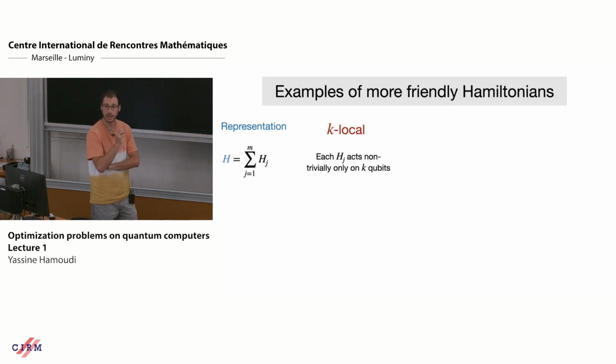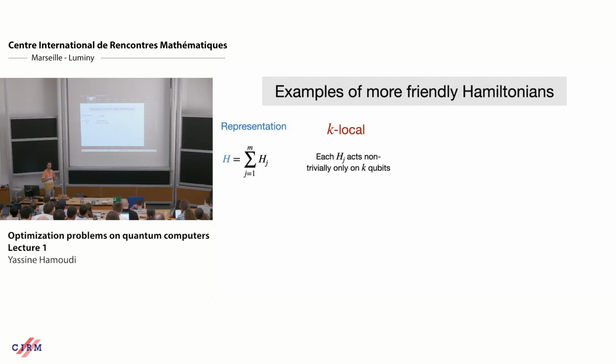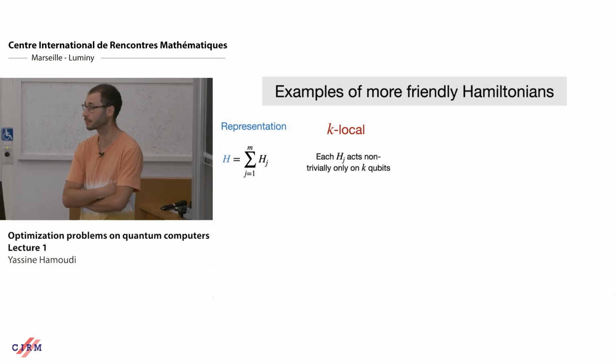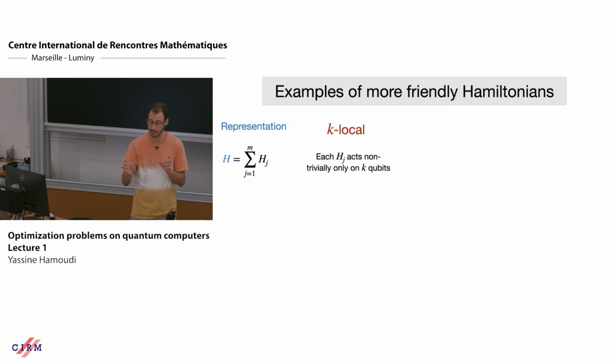Each Hj is identity everywhere, so it does nothing to most of the particles. And there is a small number of particles, let's say a constant number of them, which actually will evolve under the action of Hj. This is called a K-local Hamiltonian. In practice, most Hamiltonians satisfy this kind of property. In some sense, the interaction is very local and is only among a few particles.